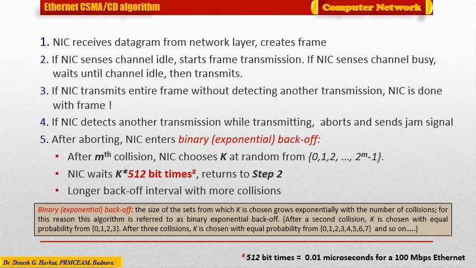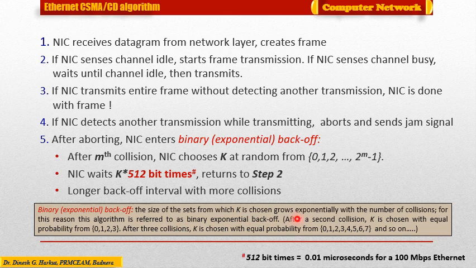Thus, the more collisions experienced by a frame, the larger the interval from which k is chosen. The size of the set from which k is chosen grows exponentially with the number of collisions. For this reason, this algorithm is referred to as binary exponential backoff.